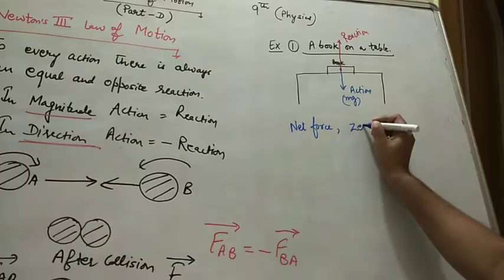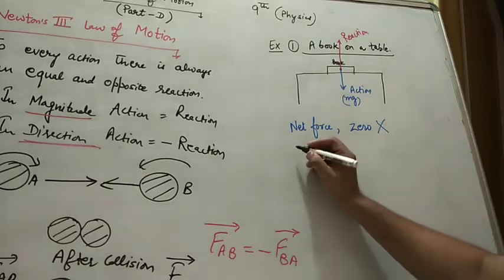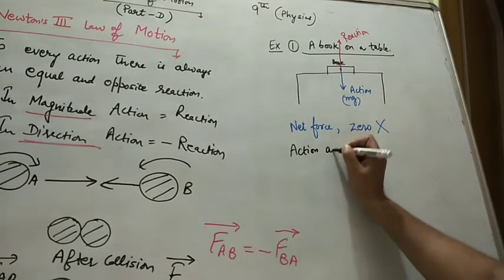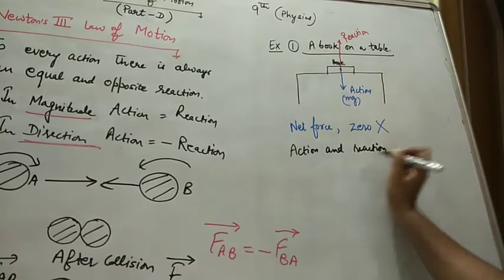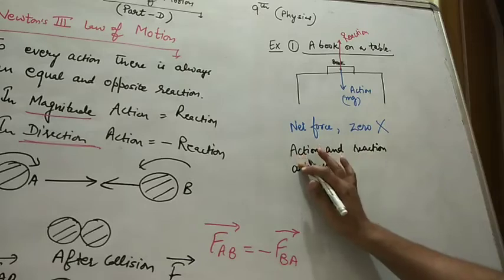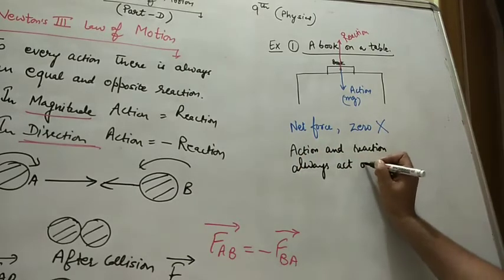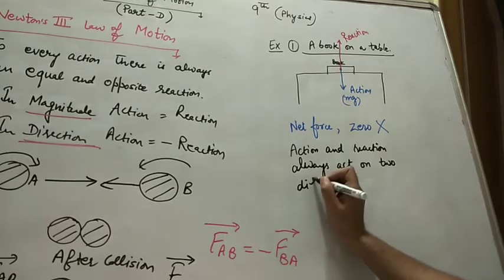So 0 is the wrong option, because this is a very important part: action and reaction always act on two different bodies.